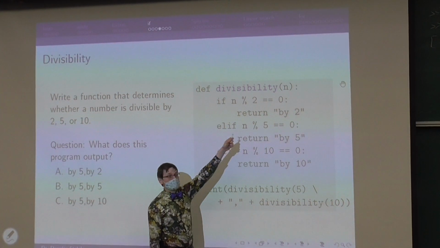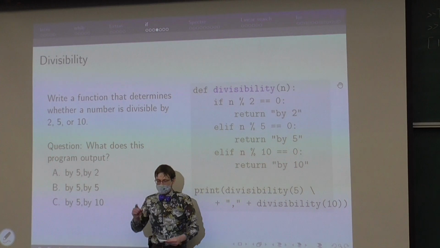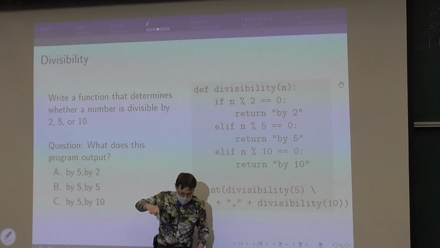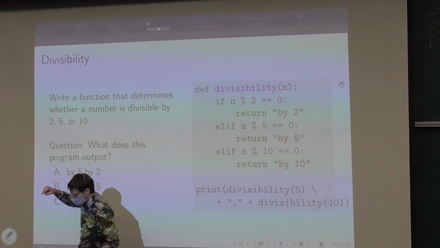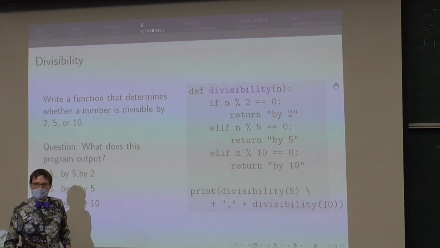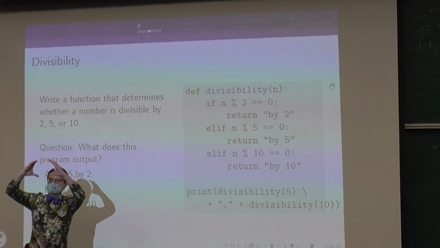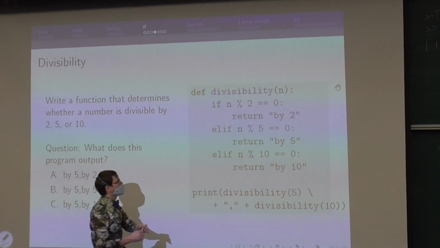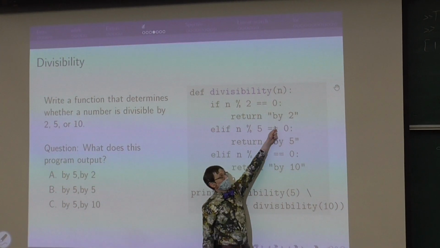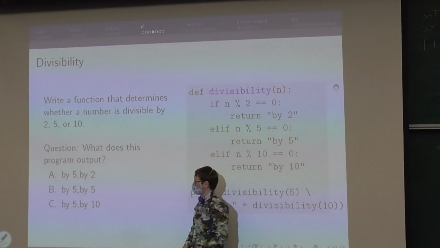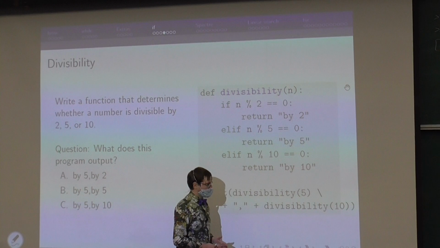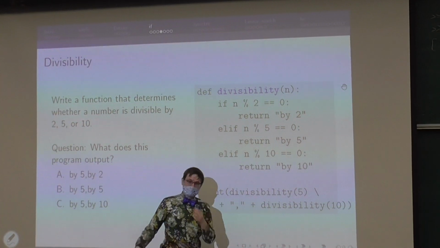What is the remainder of integer division if you divide 10 by 2? Yes, zero. It's a big fat goose egg. So this actually passes, and we get by 2 as a result. So the answer is actually A, which is not what we want, right?